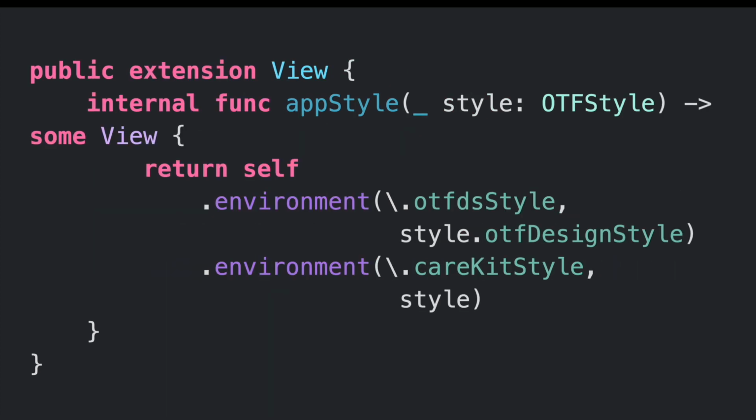These protocols are then set up as environment objects throughout the app through the app style modifier, which will help to enforce a standard layout and experience across the components for both frameworks and the rest of the MagicBox app. By ensuring consistency in styling and visual presentation, developers can create a seamless user experience that feels cohesive and polished.